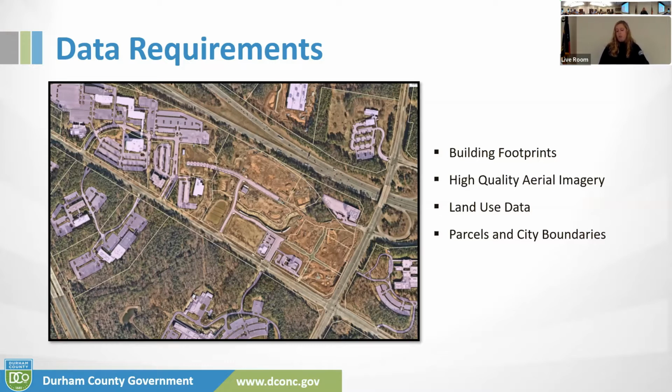Also super important was obtaining high quality aerial imagery. For this, we subscribe to a service called NearMap. There are plenty of aerial imagery services out there, but we decided to take that extra step and pay for it because sometimes the publicly available imagery is not quite as detailed as we need. Land use data was also used in addition to parcels and municipal boundaries.